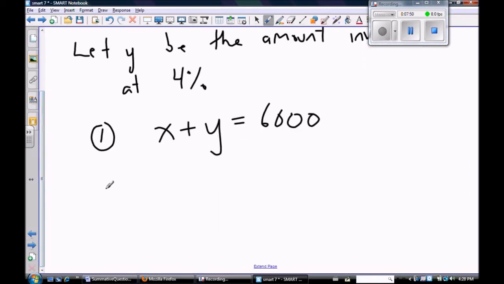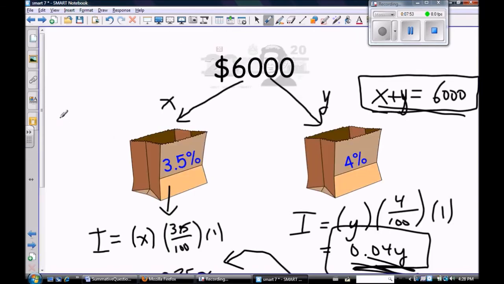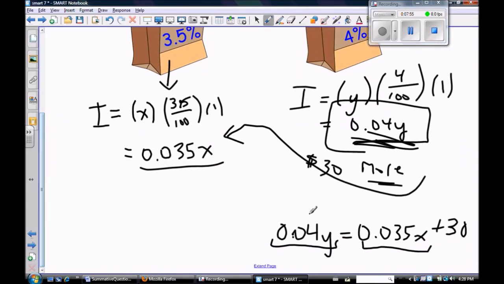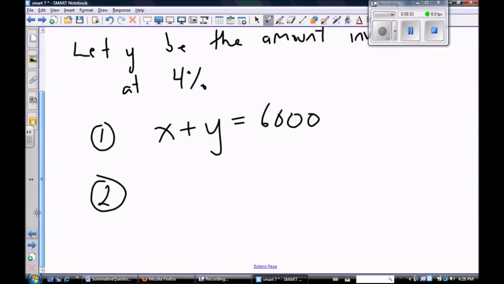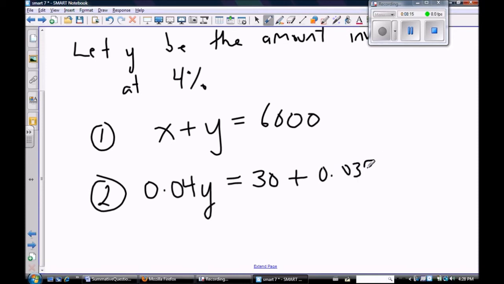The other equation we know is the relationship between the size of the interest rates. So we know that the amount earned in the 4% account is $30 more than the amount earned in the 3.5% account.